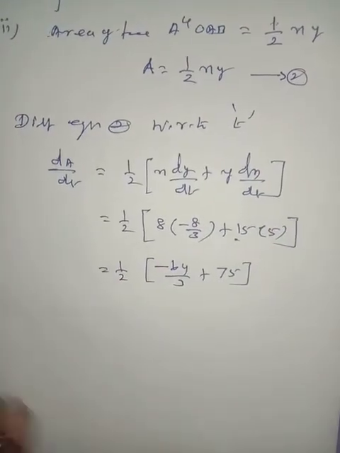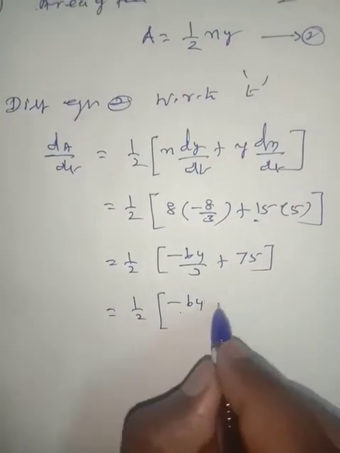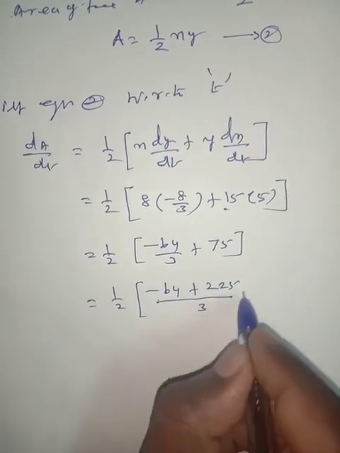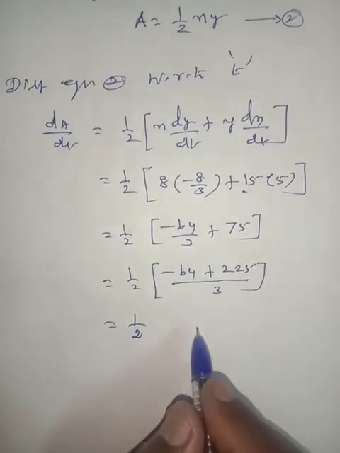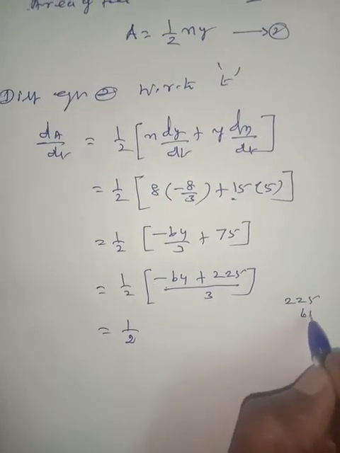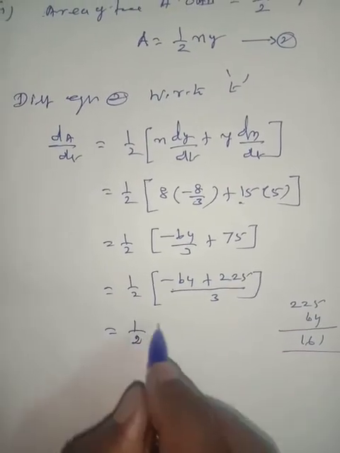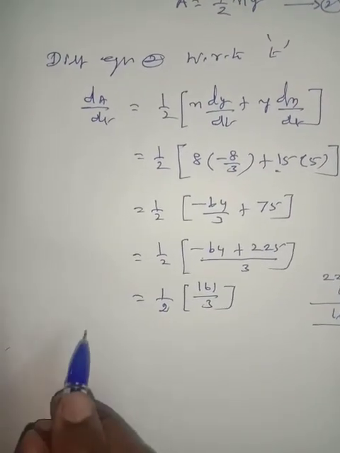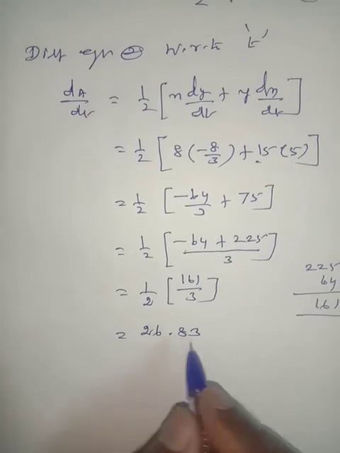Taking LCM, 1 by 2 into minus 64 plus 225 whole divided by 3, which is 161 divided by 3, is equal to 26.83 meter per second.